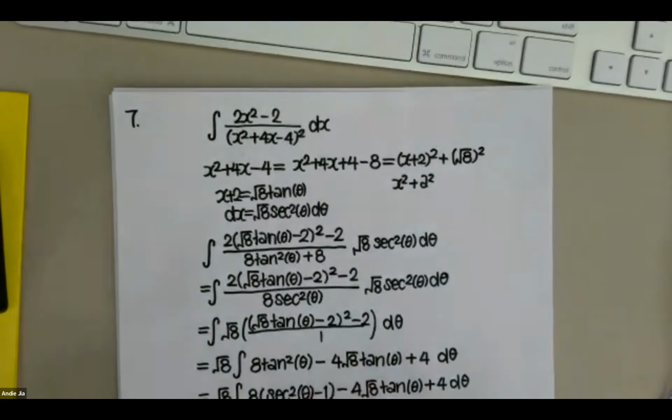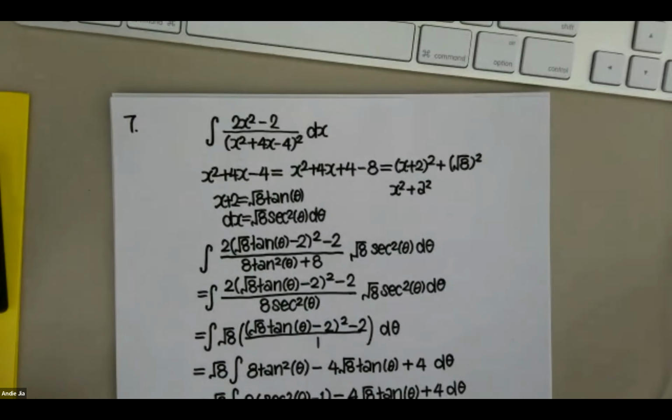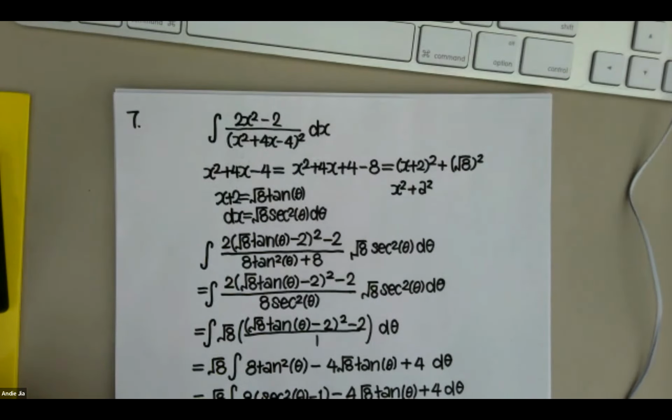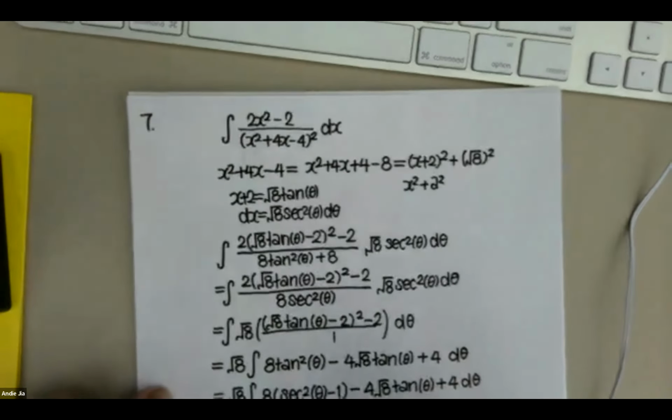For now, because we know the antiderivative of secant squared is just tangent, and the antiderivative of tangent, okay. Sorry, I need to pull up the integral tables here because I just can't remember the antiderivative of tangent. Oh yeah, I remember it.